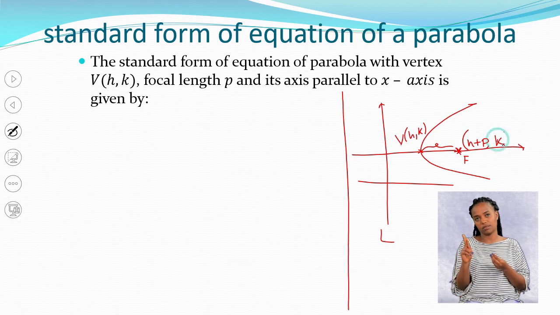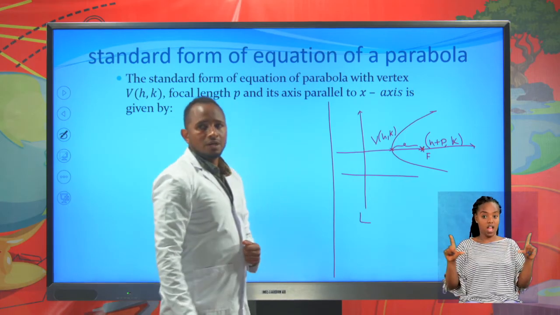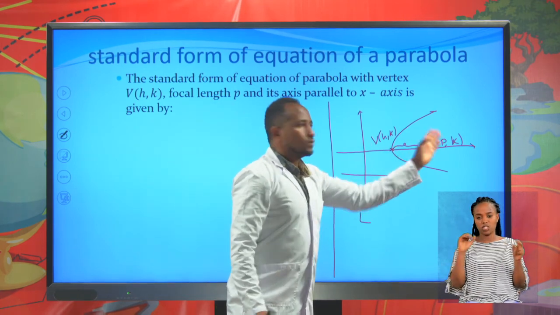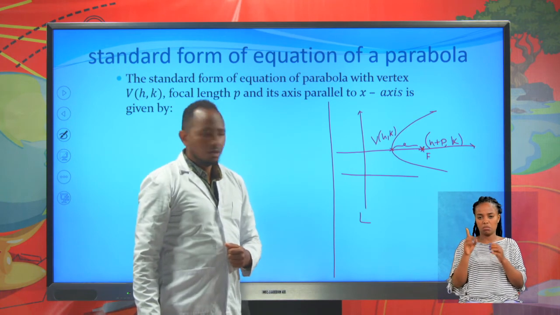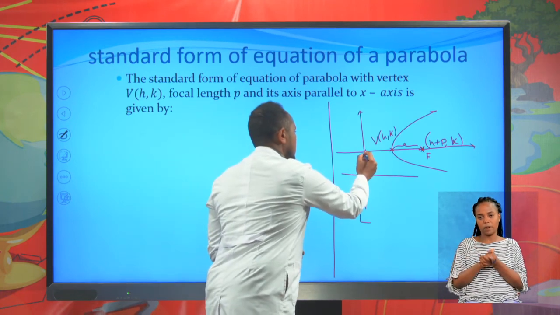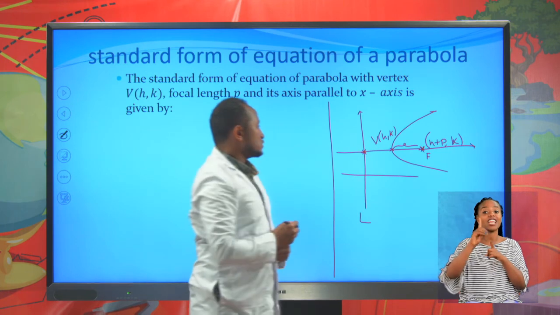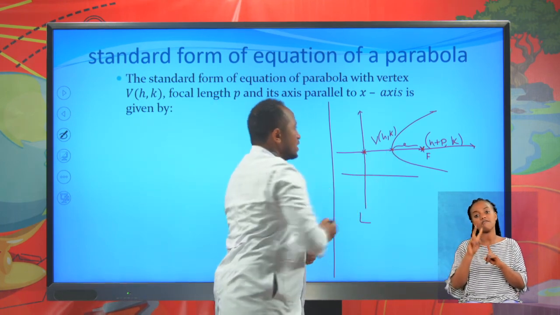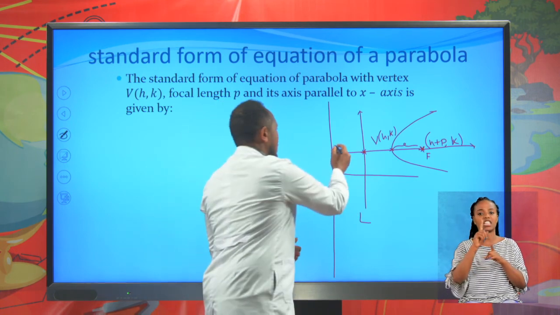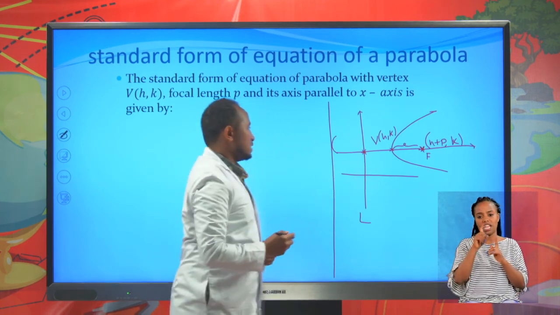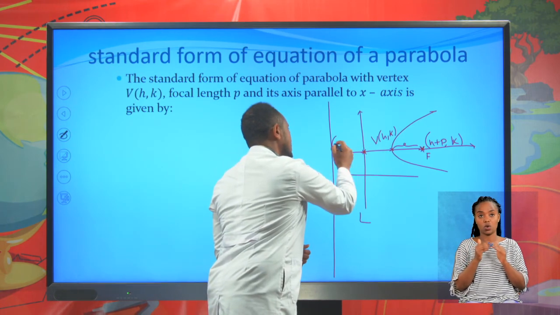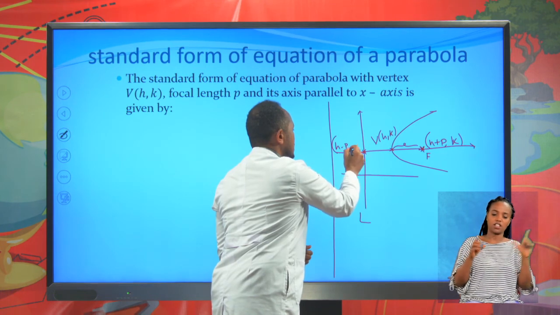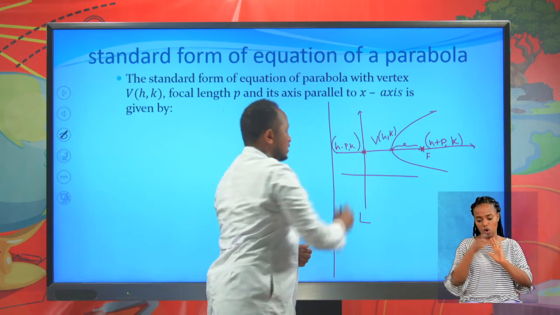In horizontal lines the y-coordinate does not change, but the x-coordinate changes by p distance, so you add p to h. And the directrix passes through this point. The distance from vertex to directrix is also p. Therefore, the coordinate of this point is (h minus p, k), since you move p distance to the left.